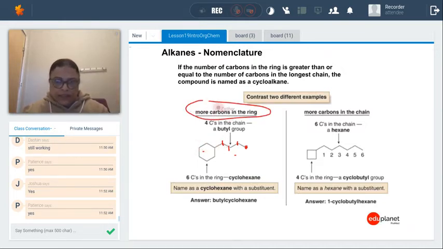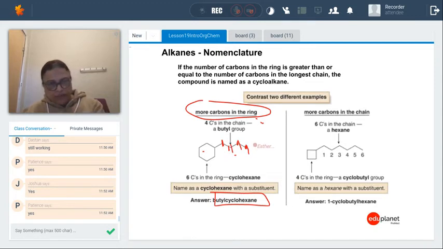More carbon in the ring overrules, and this will be butyl cyclohexane. Because 1, 2, 3, 4, the substitution is 4 carbon long. This is butyl cyclohexane. Okay?